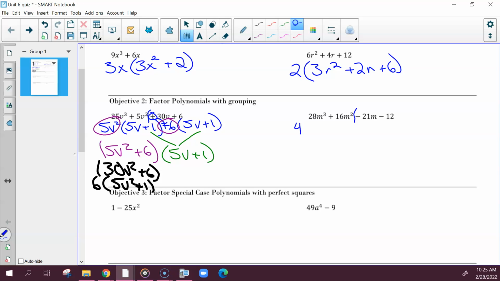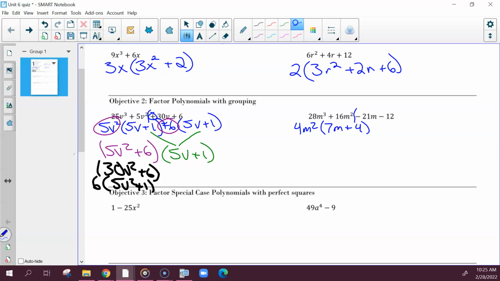And then m squared. And what would be left? Seven m plus 4.